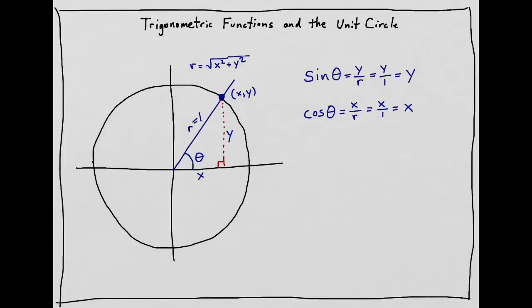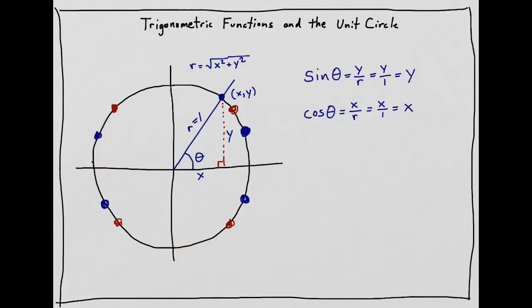And so what we end up doing, we identify some special points relative to, say, a 30-degree reference angle. There are 4 points on the unit circle that correspond to a 30-degree reference angle. There are 4 points that correspond to a 45-degree reference angle.